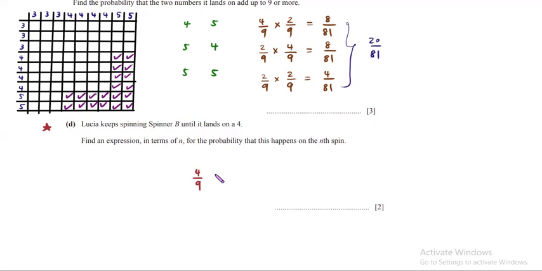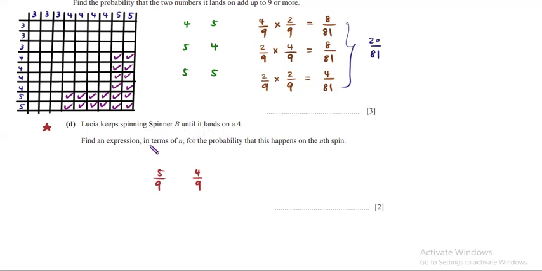Before that, she spins this spinner several times, but it does not land on a 4. It lands on any other number that is not a 4. That means the probability of getting a number that is not a 4 will be 5/9. There are several instances that it does not land on a 4, so that's why we go with 5/9. And finally, it lands on a 4, so the probability is going to be 4/9.